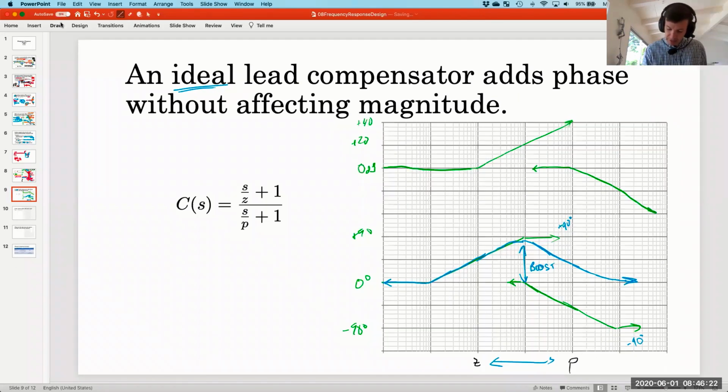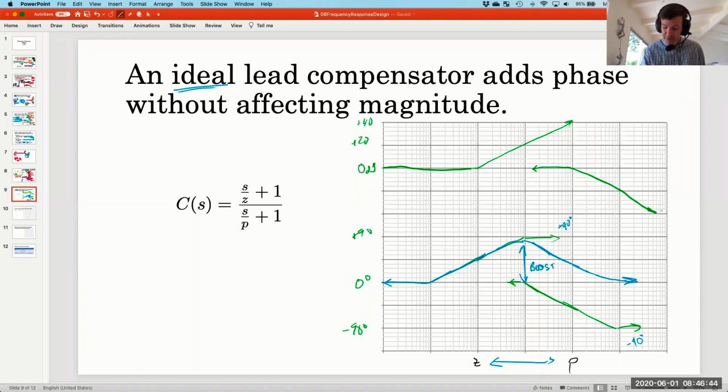So if I combine these two, what's the high frequency magnitude going to be if I were to add these two green curves? Is it 0 dBs? Yes. Try again. Oh, wait. Sorry, what was the question? 40 dB? So this has a high frequency slope of plus 20.